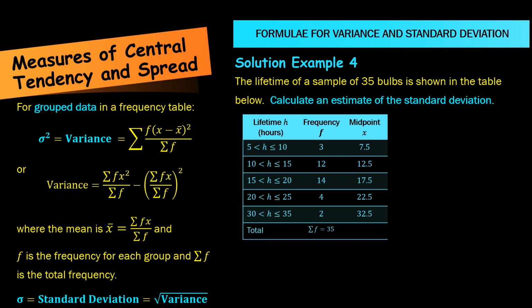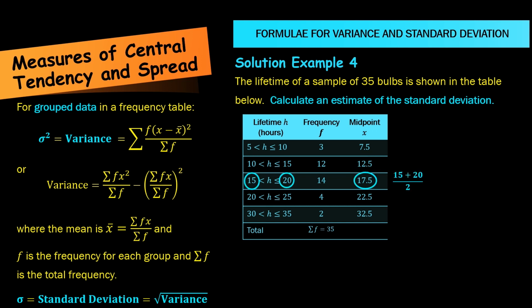Notice also that we have a column for the midpoint of each interval. The midpoint for the first interval is the endpoints added together divided by 2, which is 7.5. And the midpoint for the second interval, 10 plus 15 divided by 2.